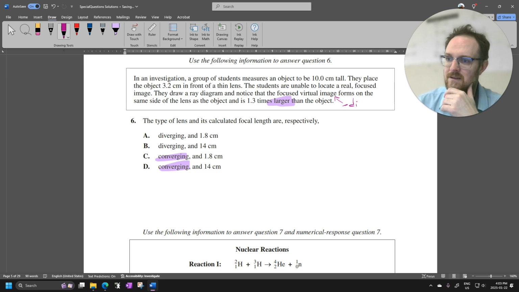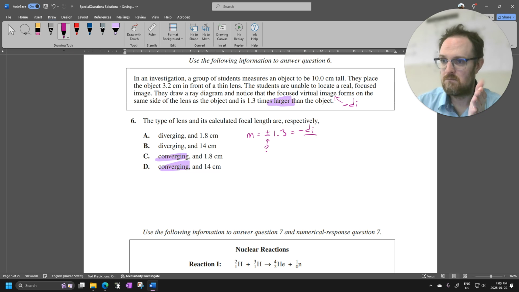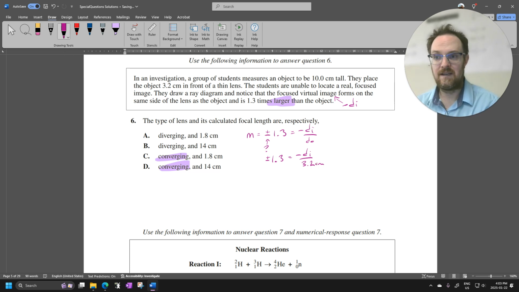So if I were to write out the math and say the magnification, and I don't know if this is positive or negative 1.3 yet. Like, I don't know this, right? But if I go negative DI over DO, and DO, remember DO is always going to be positive. I just had to make sure which type, positive or negative, would end up having a negative DI.